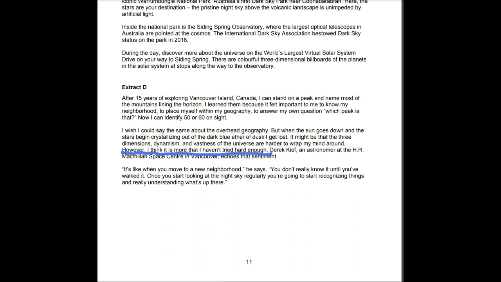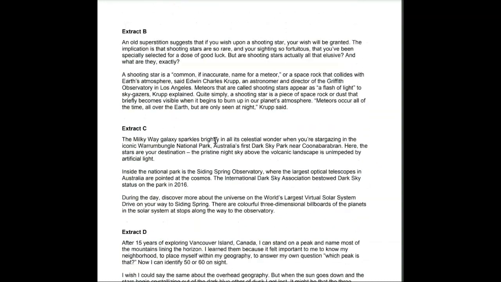So it does talk about how learning is a difficult process and how learning about the environment is difficult, but eventually worth it. So the best answer for 20 is D, talking about learning and how sometimes it's not always easy, but worth it in the end. So we'll write that there as well. We have got 20 as D.